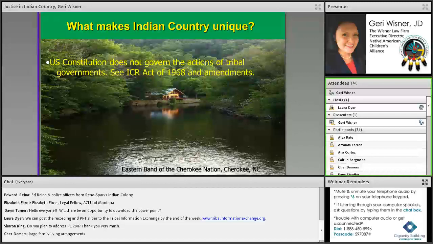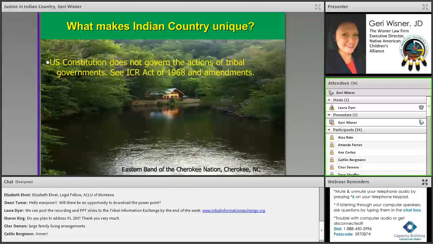In fact, I think I saw somebody with the ACLU, and I think they may give me an amen or a hands up saying, yes, you should not be asked by any law enforcement officer what race you are, to determine how the laws will impact you. However, if you're in Indian country, guess what? It's going to be significantly different, because that's the very first question they have to find out. Are you Indian?